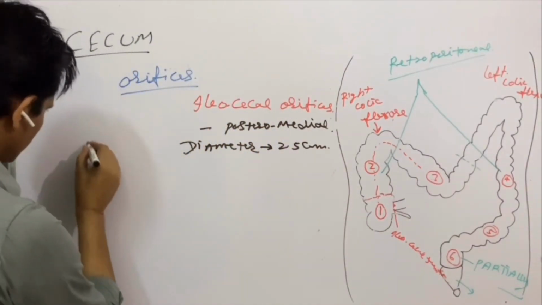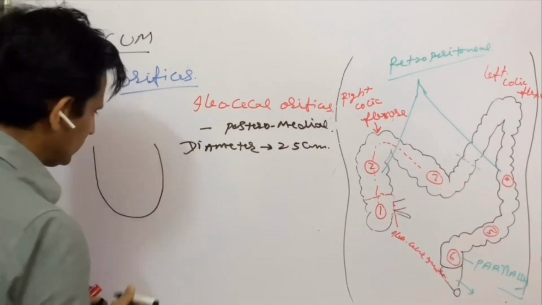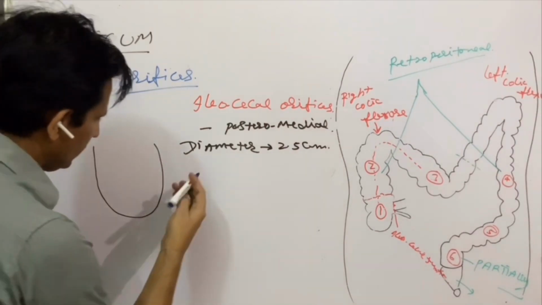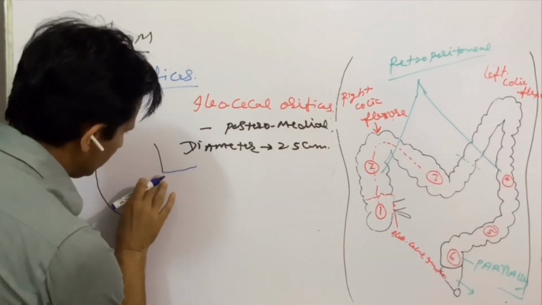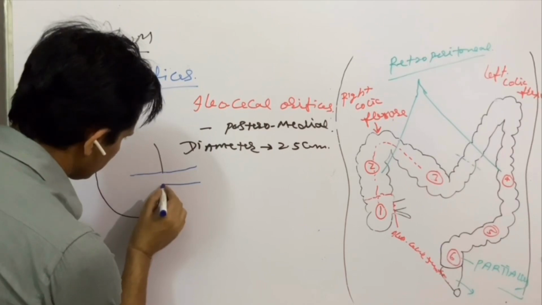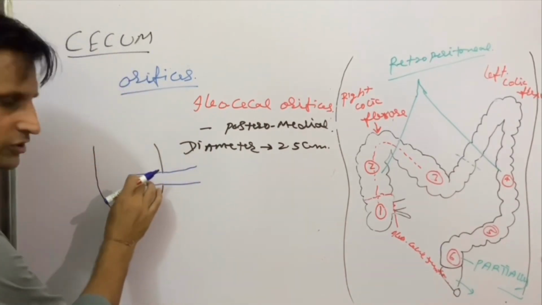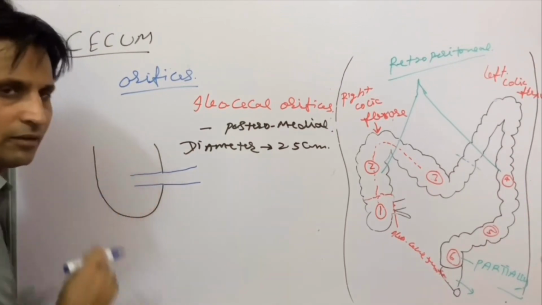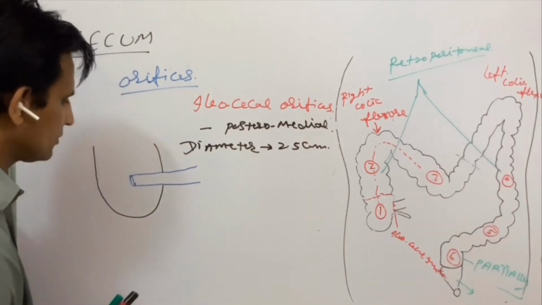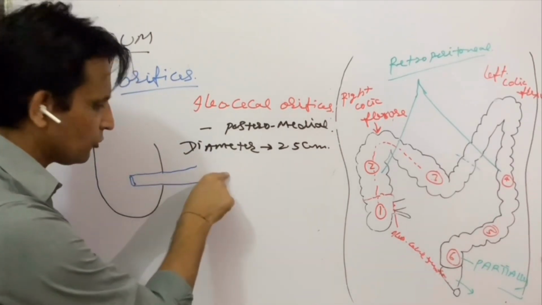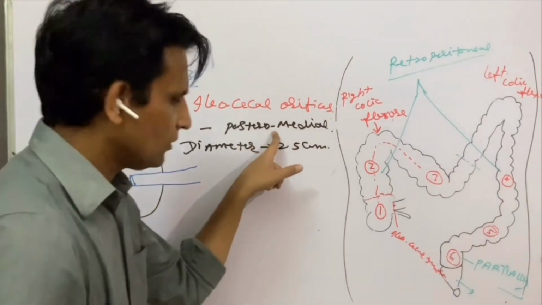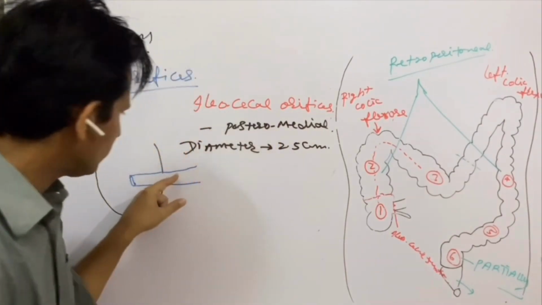If this is the cecum and this one is the ileum, the ileum will extend just like this into the cecum, and the diameter of this orifice will remain the same as that of the ileum, right? So this lies on the posterior medial aspect, and the diameter would be 2.5 centimeters.